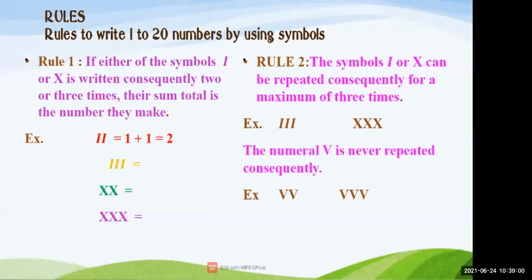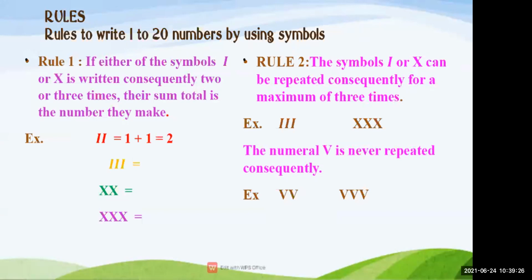Okay, now the second rule, rule 2. The symbol I or X can be repeated consecutively for a maximum of 3 times. See, I have told you in the first rule that we have to write I or X 2 or 3 times.